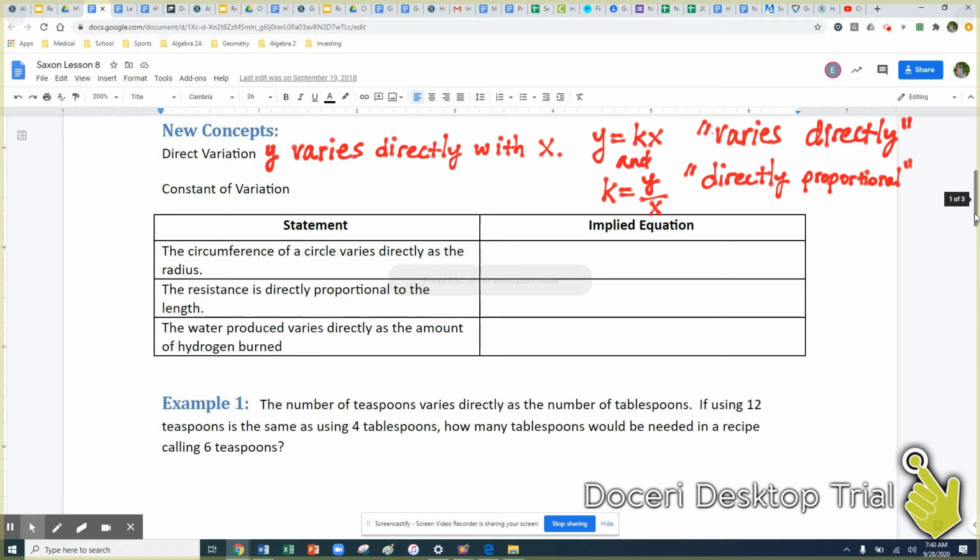So x could represent your pounds of apples. As those pounds increase, what's going to happen to the cost of those apples? As you buy more and more pounds of apples, what's going to happen to the price that you have to pay? It's going to increase as well. And that amount that it increases is directly related to how many pounds you buy.